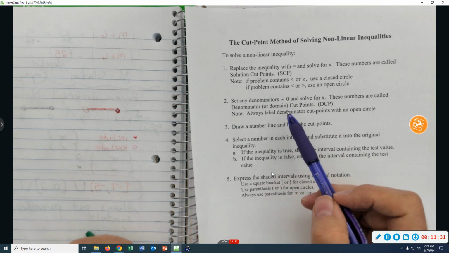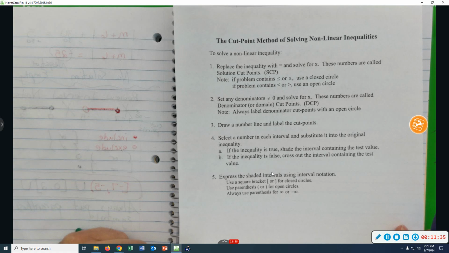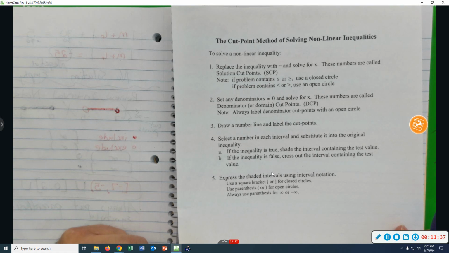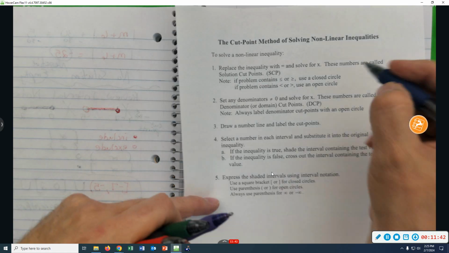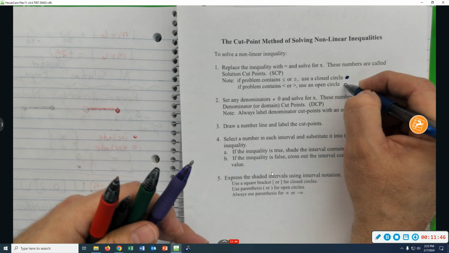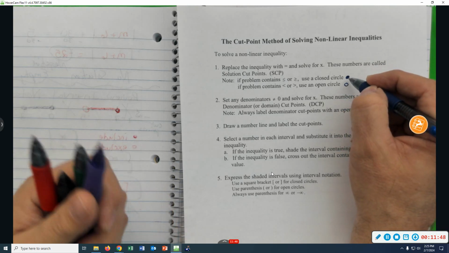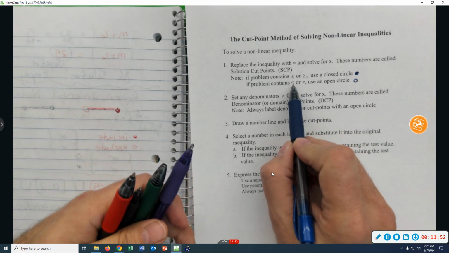Remember, years ago, a student told me that she had a neat way for remembering whether you use open or closed, and it had to do with what uses more ink. A closed circle uses more ink to write than an open circle. What would use more ink here?